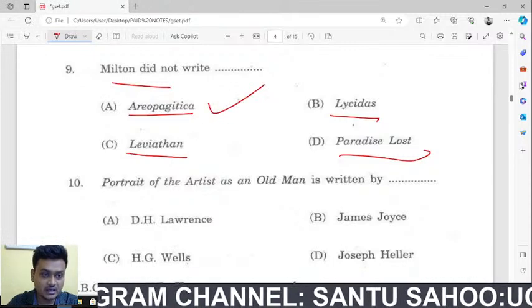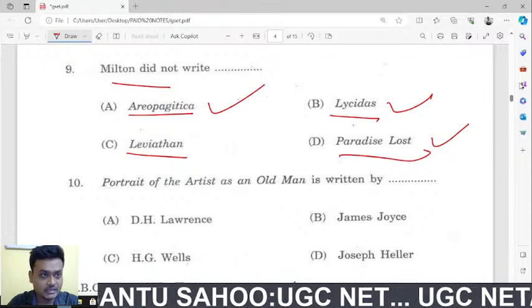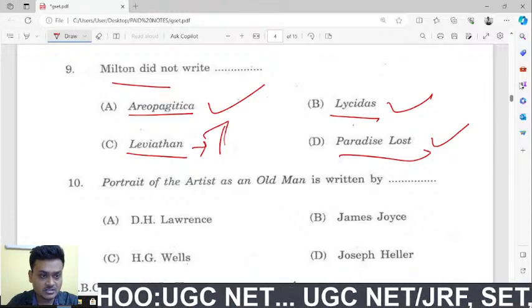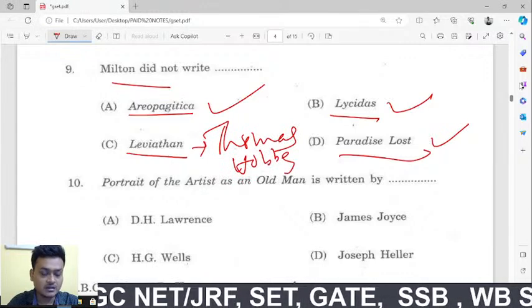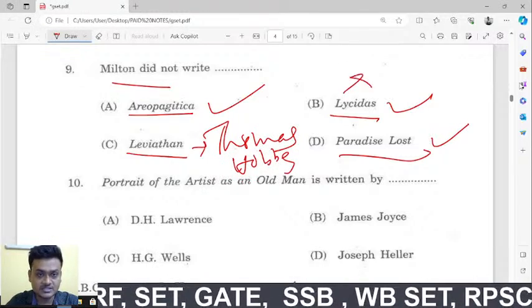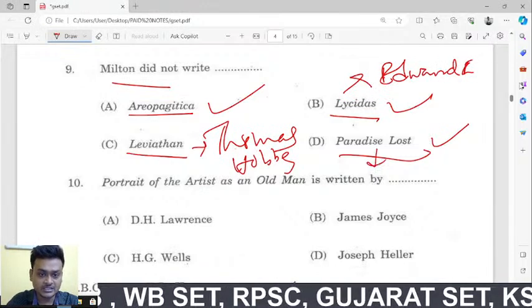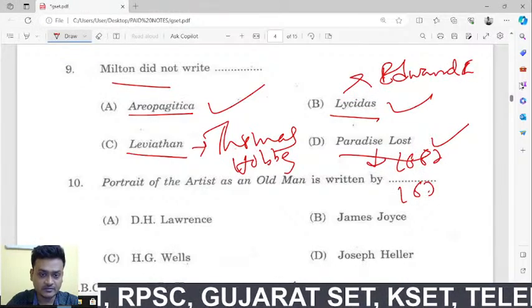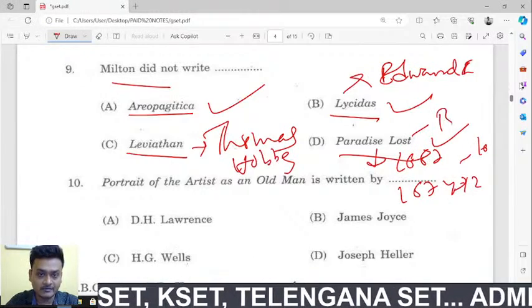So Areopagitica, Lycidas, Paradise Lost, these three are all written by Milton. Leviathan is by Thomas Hobbes. Lycidas is on the death of Edward King. Paradise Lost was published in 1667, with a second edition in 1670, in 10 books, though there were 12 books in the later edition, written in blank verse.